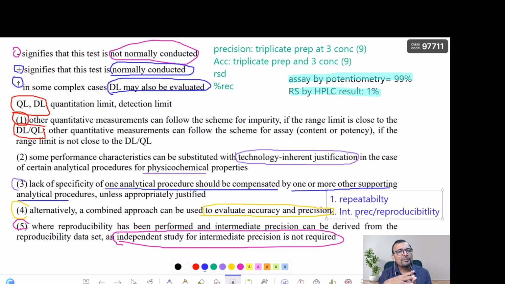What is reproducibility? Suppose we have an organization with 6 different manufacturing units and quality control units. I work at the Hyderabad location, Vikas works at Bangalore.